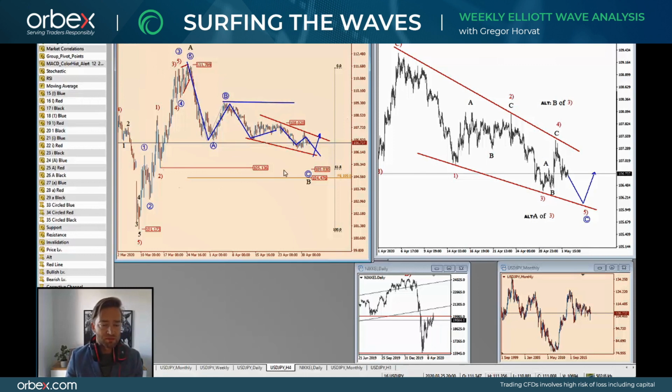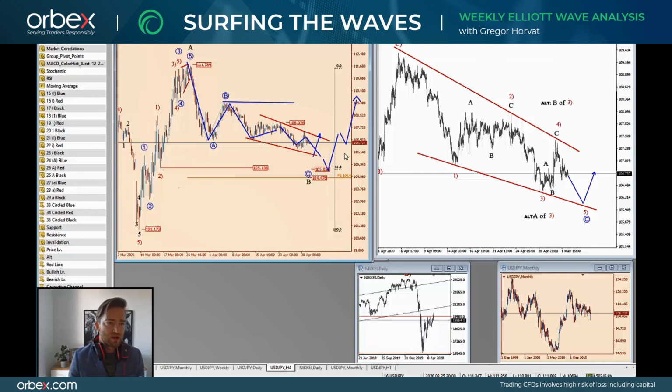So in my opinion, this perfectly looks like a wave C, but still there is room for 105, 105.50 before this market could really recover. Ideally, we will see this 105.00 level tested, and then a 5-wave rise on smaller degree time frame charts, which will be confirmation that we are turning back to bullish mode.